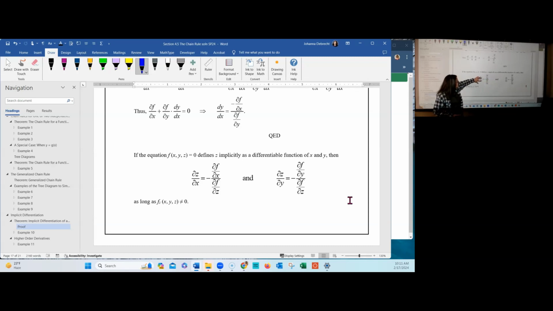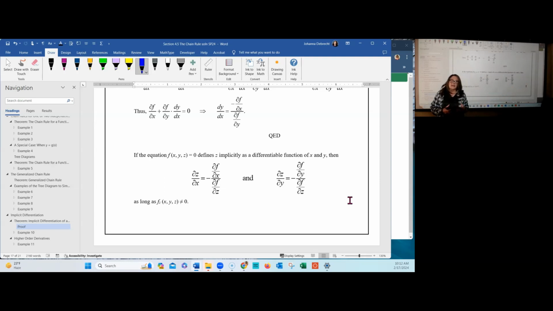Notice that in a sense, the partial differentials reverse places on the right side. We can also find the partial of z with respect to y by taking the opposite of the partial with respect to y divided by the partial of f with respect to z.